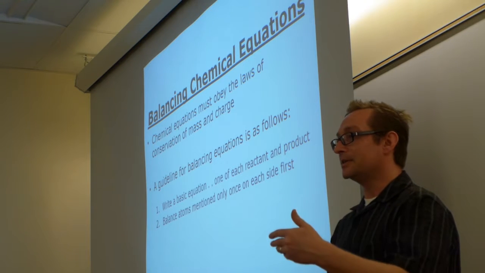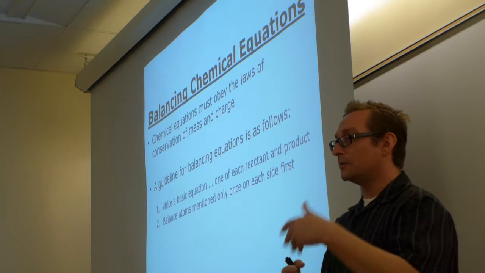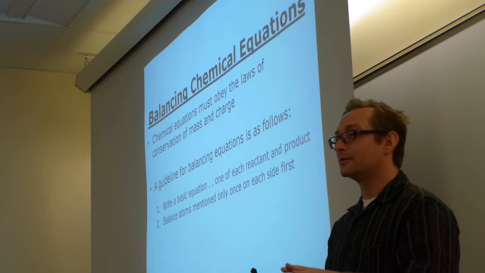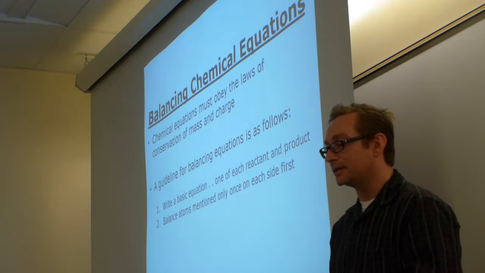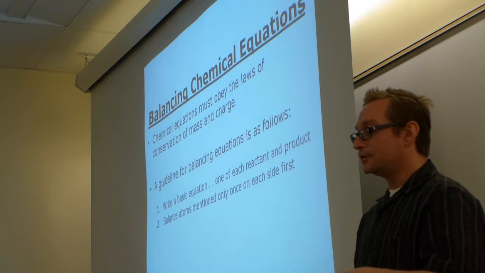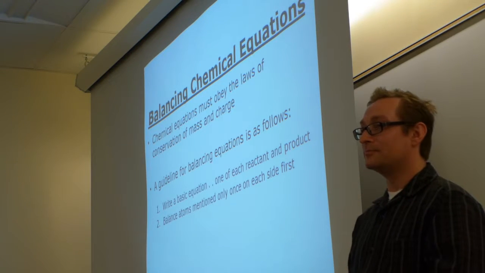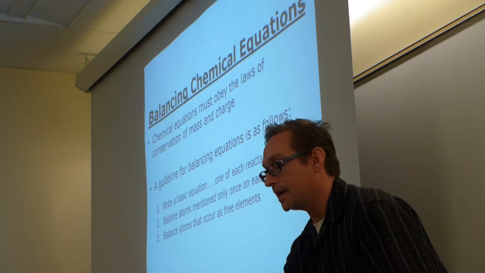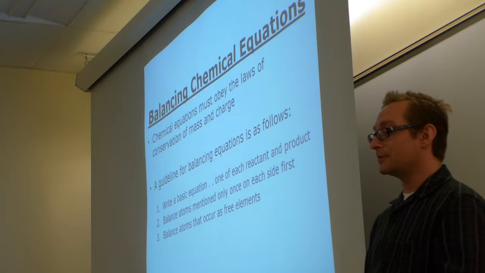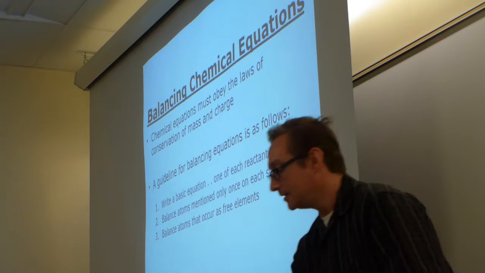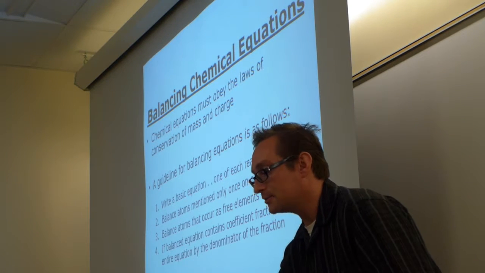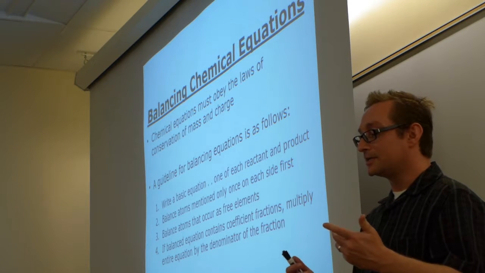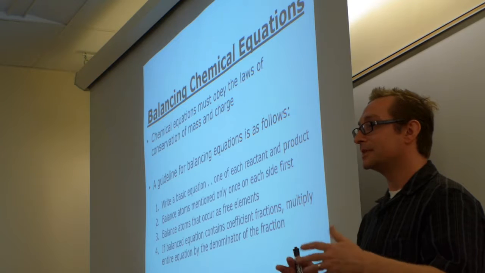If you see an element mentioned twice on one side of the arrow or the other, leave that for last. If you try to balance those atoms first, it gets much more difficult. Then balance the atoms that occur as free elements. Usually those are the ones that were mentioned twice on one side or the other. And then if the balanced equation contains fractional coefficients, you would need to multiply the entire equation by a denominator to get rid of the fractions.